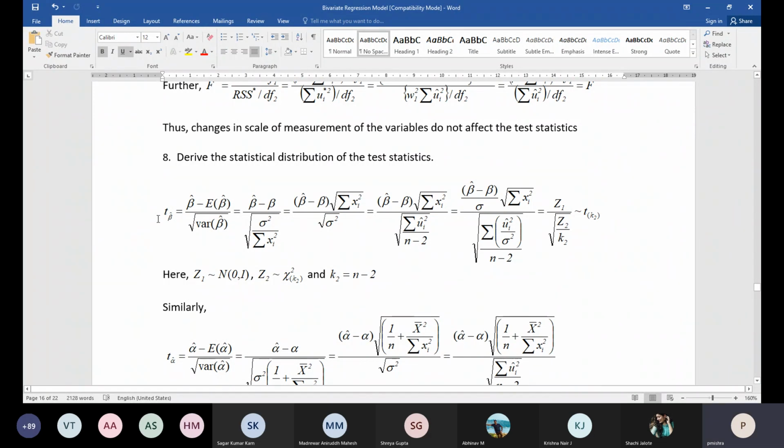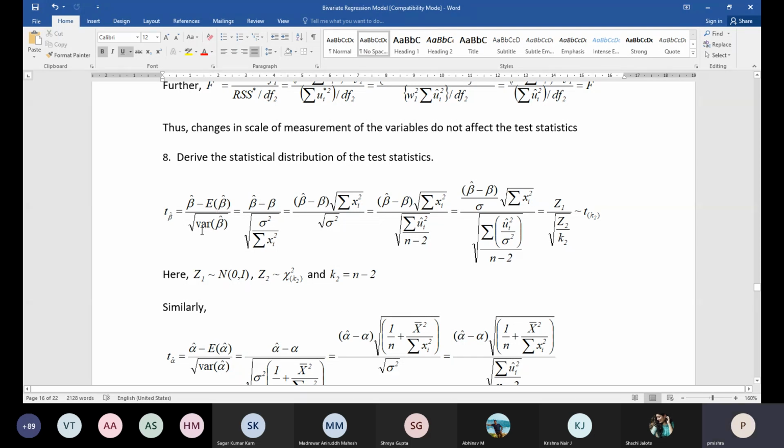And that is why we are saying this statistic follows a t distribution. We start with a standard normal distribution, as you see here.